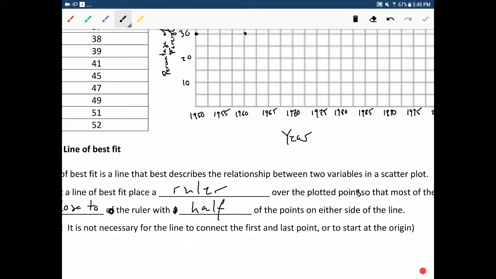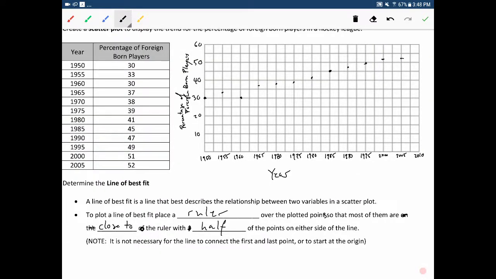I'm going to change what it says here, because I don't like how this is worded. Okay, the idea is that they can be on the line, but you want kind of half of them to be above it, half of them to be below it. You're just getting as close to that trend as possible.